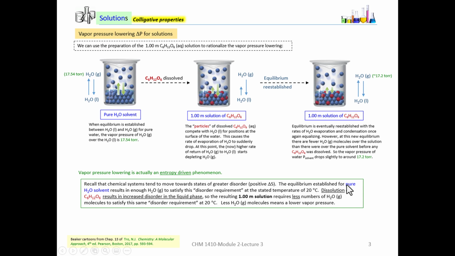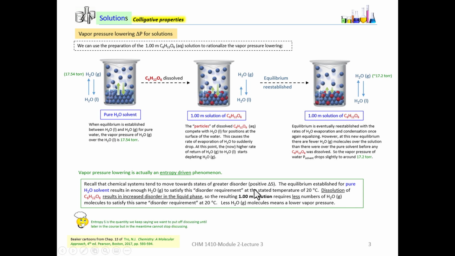So when equilibrium is established for the pure water here, there's enough water vapor to satisfy the disorder requirement at the stated temperature. If we dissolve some glucose in here, this results in increased disorder in the liquid phase, so the resulting 1 molal solution requires fewer water vapor molecules to satisfy the same disorder requirement at 20 degrees C. Fewer water vapor molecules means lower vapor pressure.